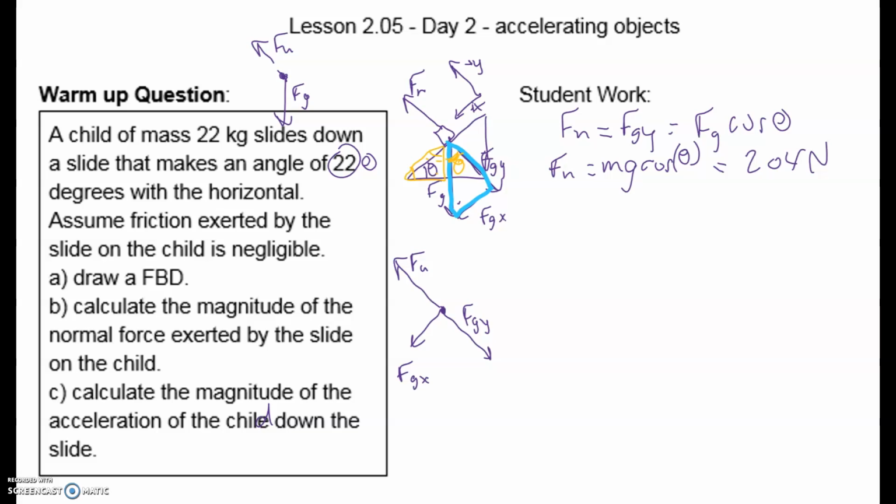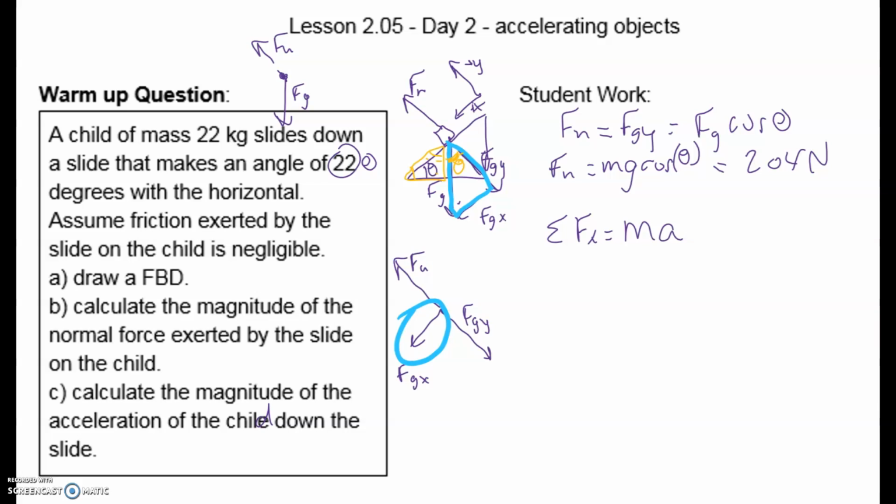And then finally here, calculate the magnitude of the acceleration of the child down the slide. We can look here at our modified free body diagram and see that there is only one force causing our acceleration, and it's the horizontal component of gravity. So we are summing our forces in our x direction. That's equal to mass times acceleration.